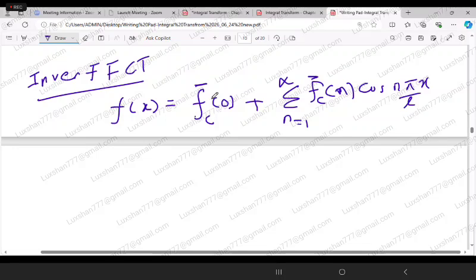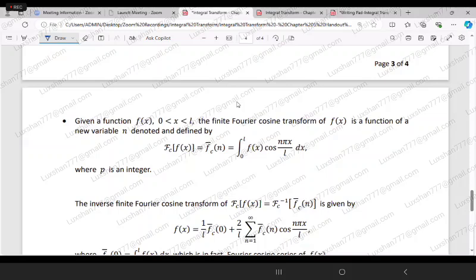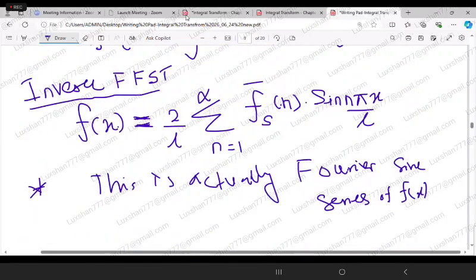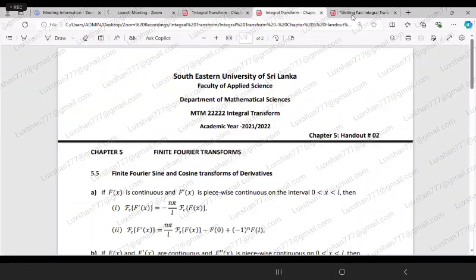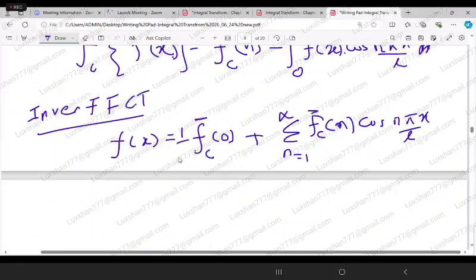Here actually, I think a half should be there, no? Sorry, 1 over L, I'm sorry. I made a mistake. Here also we have 2 over L, no? So I'm sorry, here it is 1 over L. Be careful about this one.